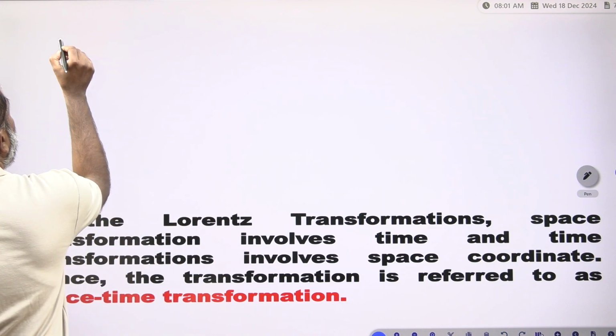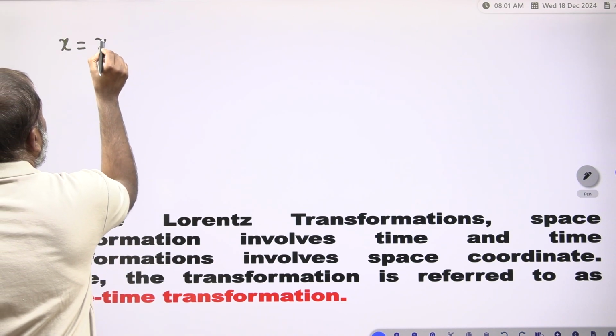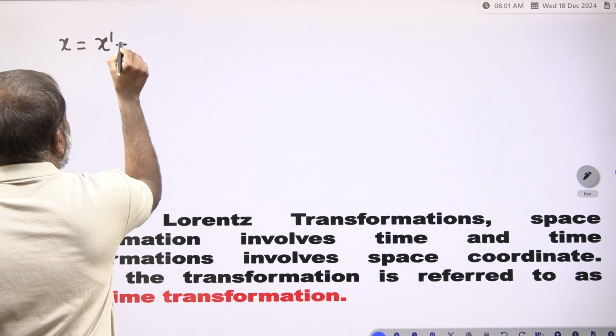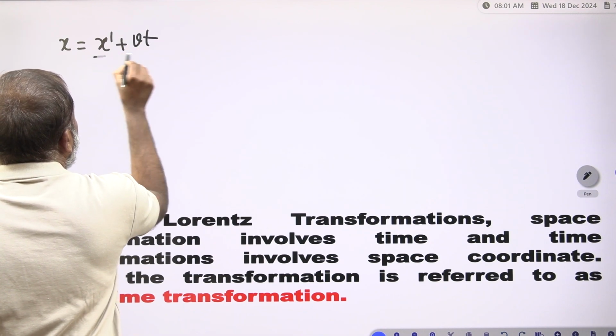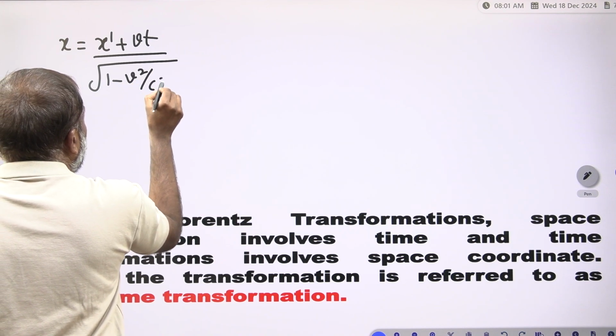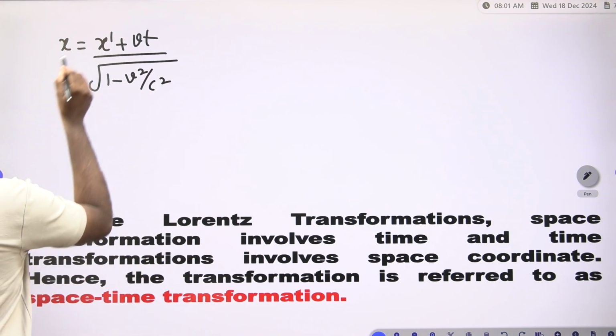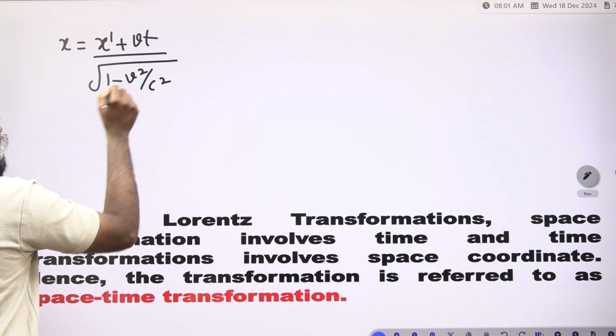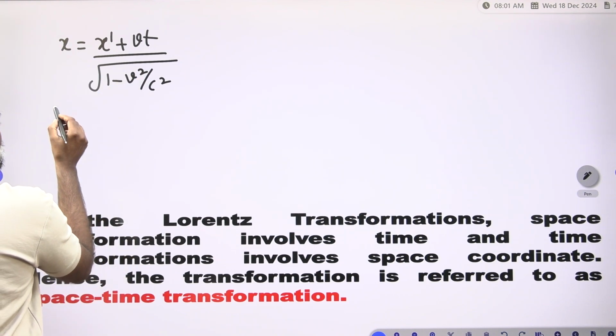Here x is equal to gamma times x dash plus Vt dash, divided by square root of 1 minus V square by C square.